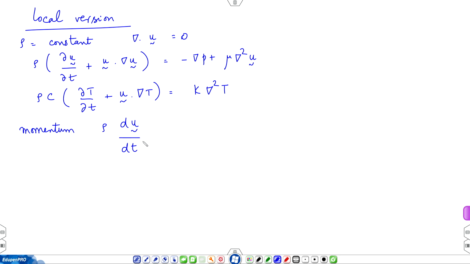This du dt is acceleration. In the energy equation, the left hand side can be written as rho c times the total derivative. It is the material derivative of temperature.